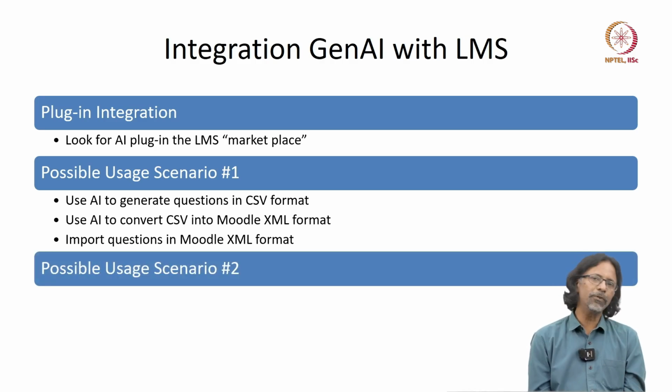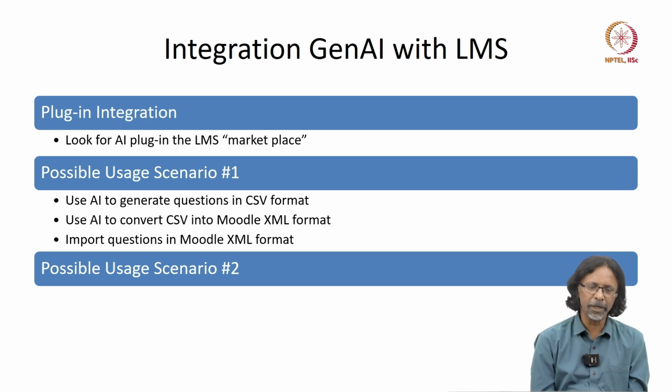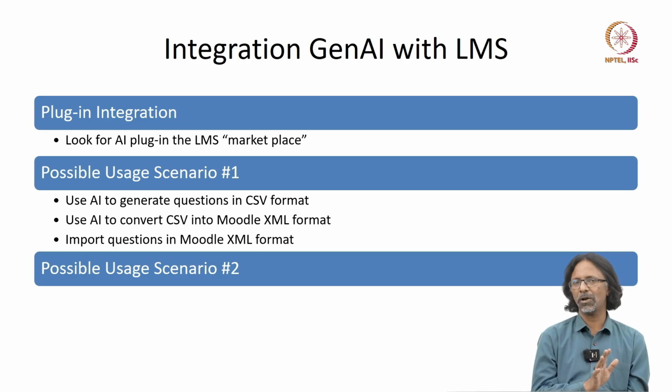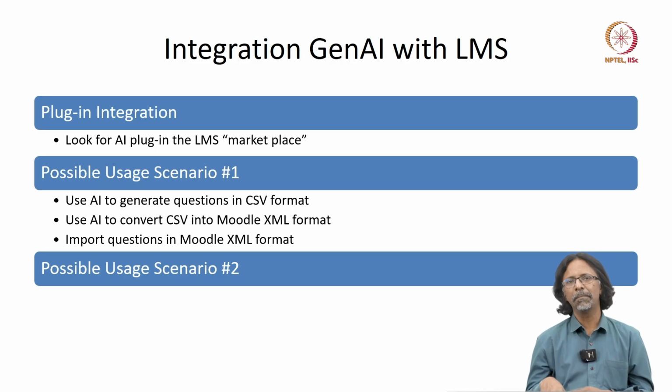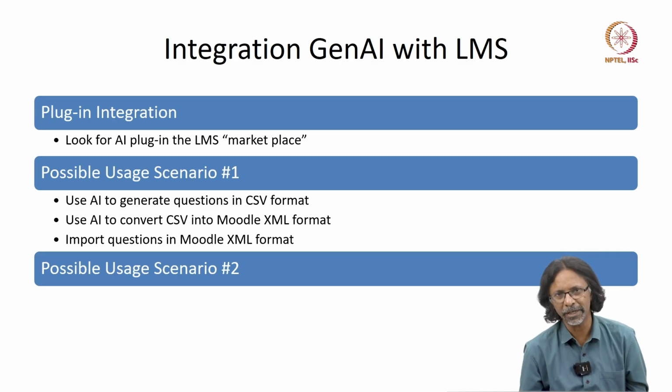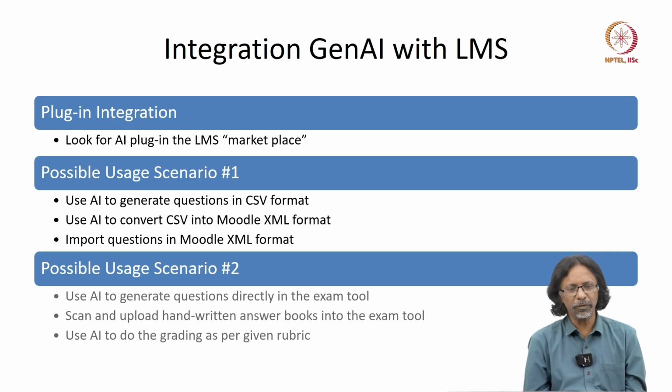Okay, now let's look at the second scenario. In the first scenario, we are still using automatic evaluation, but the MCQ questions, for example, are not manually typed in, but we are using AI to generate them. What is the second usage scenario?